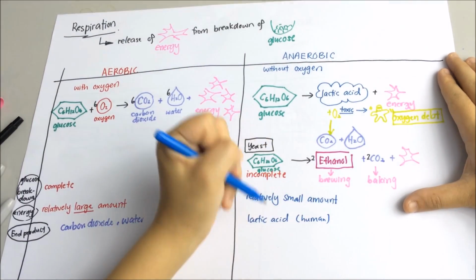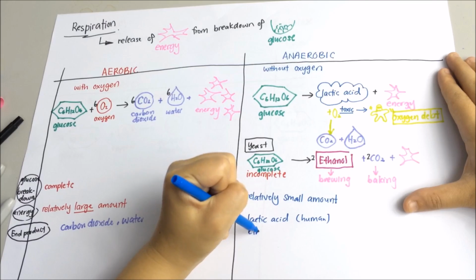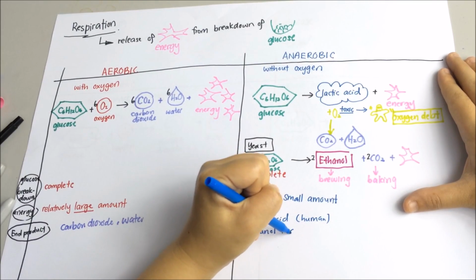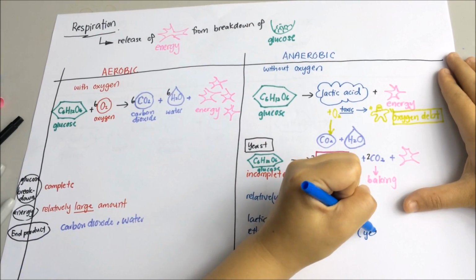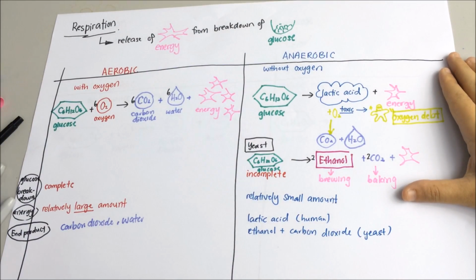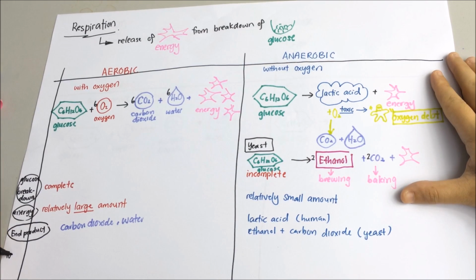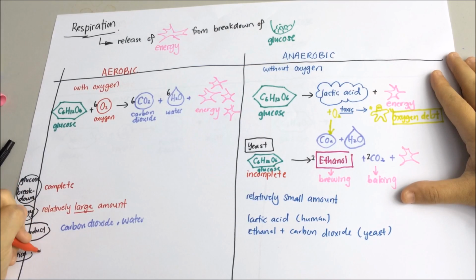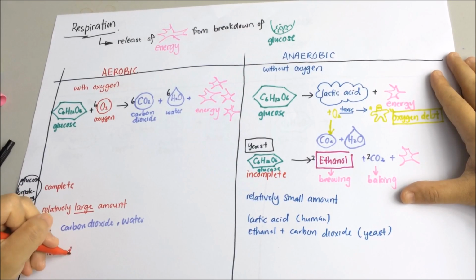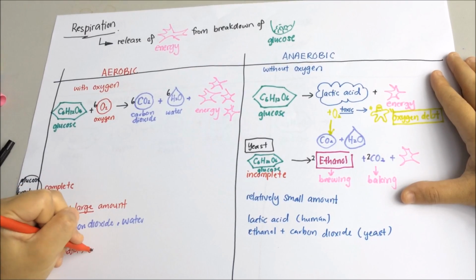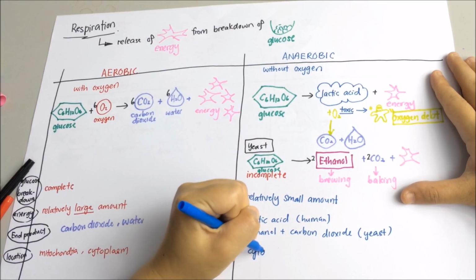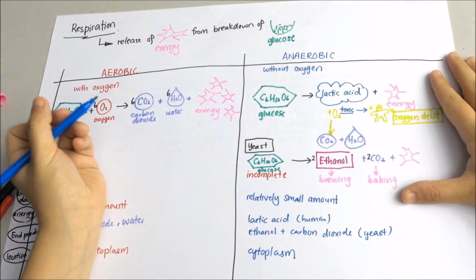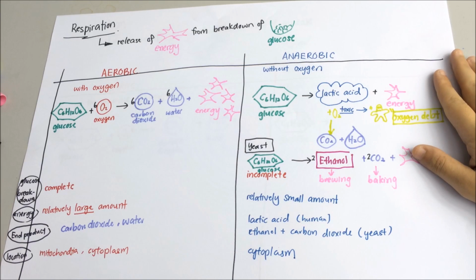In anaerobic, you will get lactic acid in human, while in the yeast, you will get ethanol and carbon dioxide gas. Most of the reactions in aerobic respiration happen inside mitochondria of the cells. It can also happen in the cytoplasm, while anaerobic, it only happens in cytoplasm. Okay?